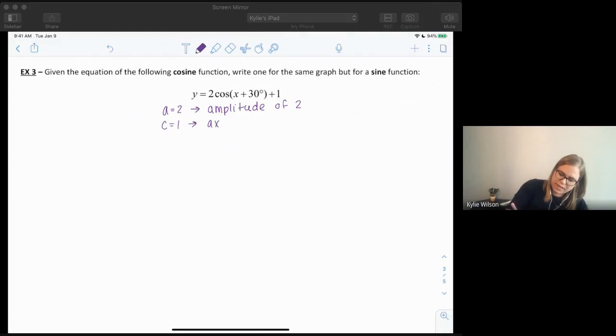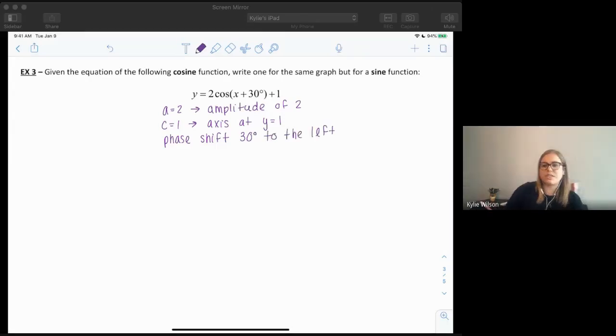So I have the axis at y equals 1, like this. Then I have this 30 in here, which is telling me I have a phase shift 30 degrees to the left. And I know it's to the left because it appears positive in the equation. So that means it's moving to the left.